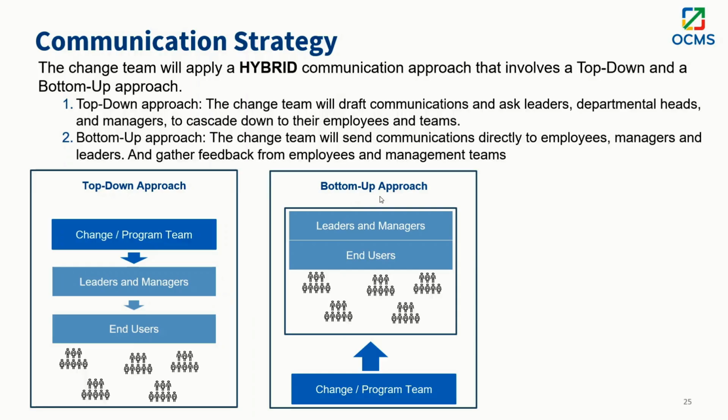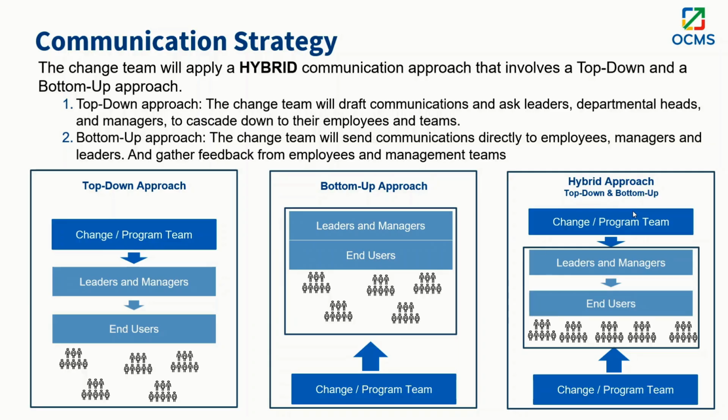For the bottom up, it starts from the bottom. The change and the program team, including the champions, are sending up communications to everyone. That's a bottom up. And so your approach is to use both of them, which is why we call it a hybrid approach. It is very effective to increase change management success.